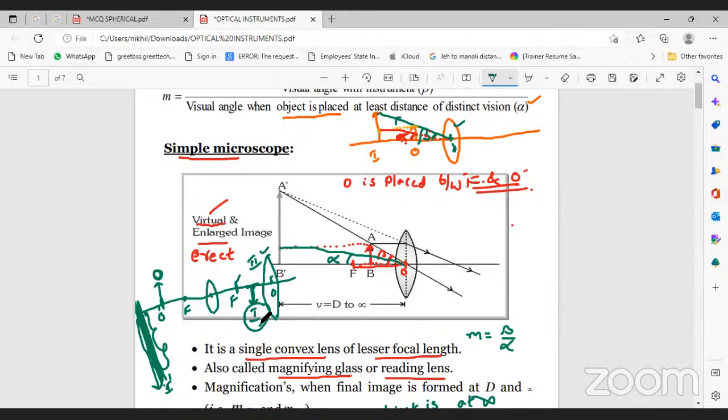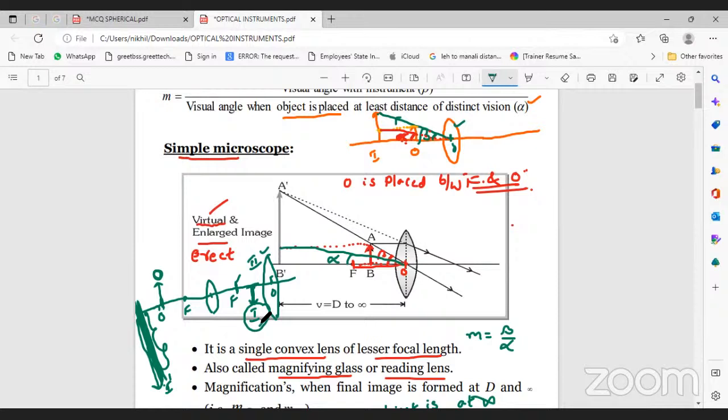The only difference is, in the simple microscope, we use only one convex lens and we place the object between the principal focus and the optic center. But in the compound microscope, we use two lenses, and the object is placed beyond the principal focus of the first lens.